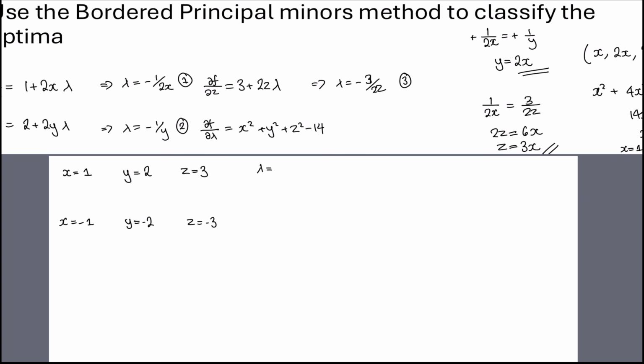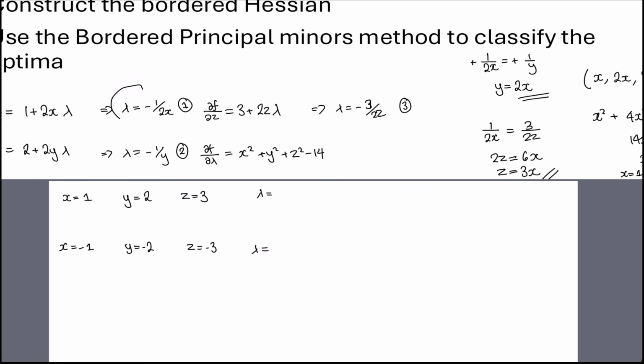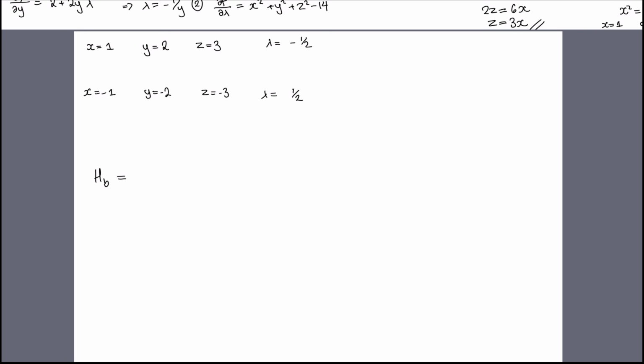And if we work out what lambda is, using this equation, we know that lambda is equal to minus 1 over 2x. So over here it's just going to be minus a half, and over here it will just be positive a half.